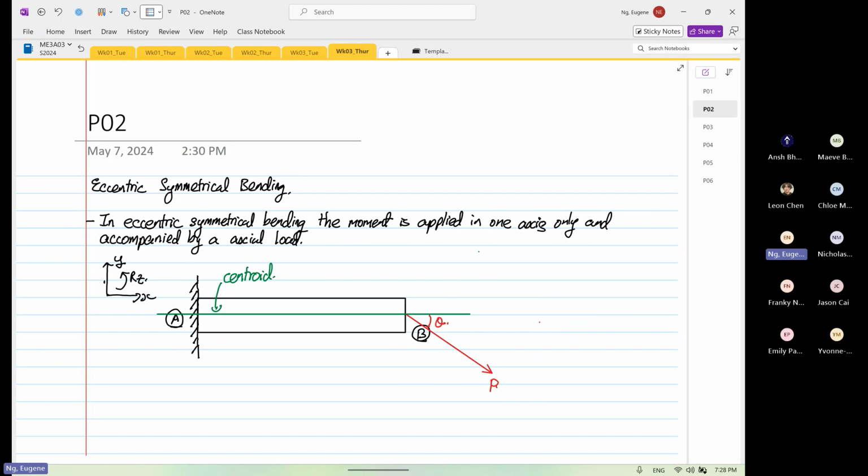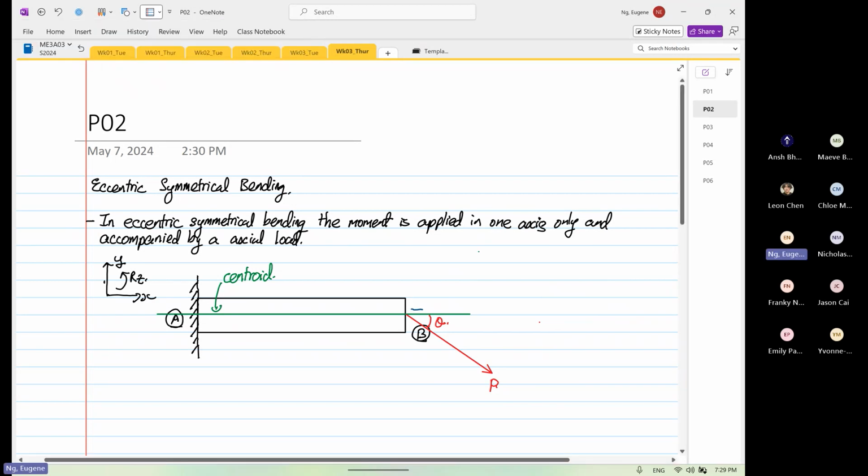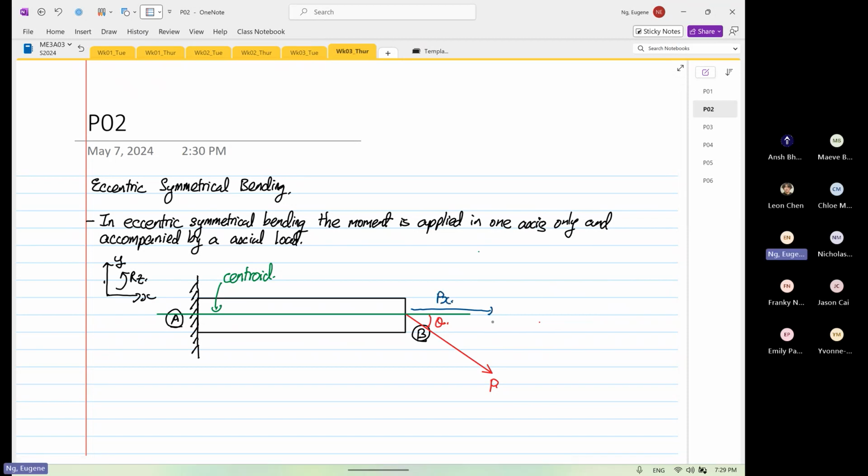If we resolve in the x and y components, we are aware that we have to break this into two components. One component over here is our Px component, and then we have the other component, which is our Py.